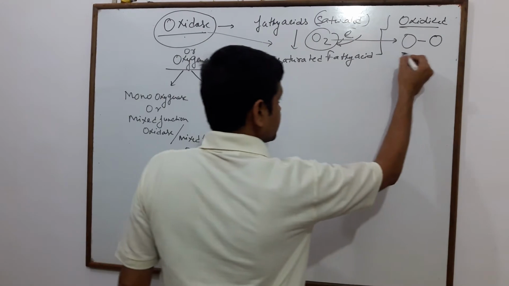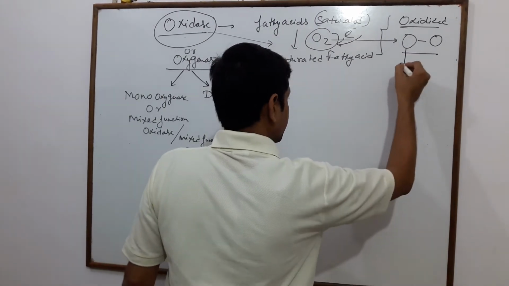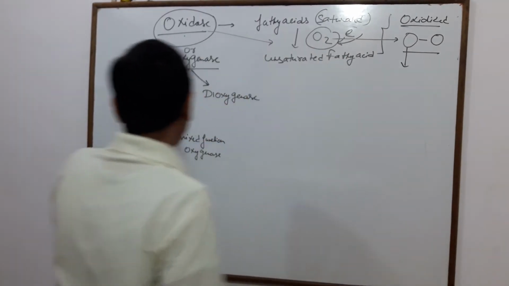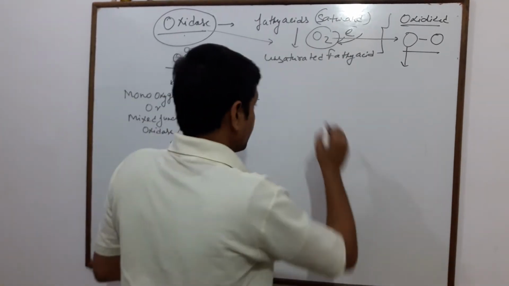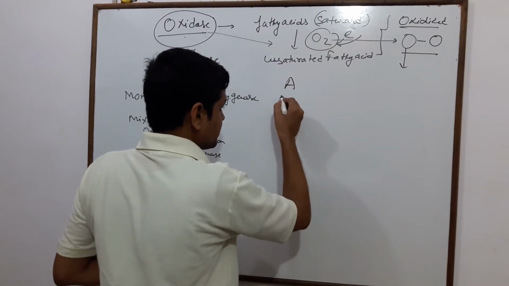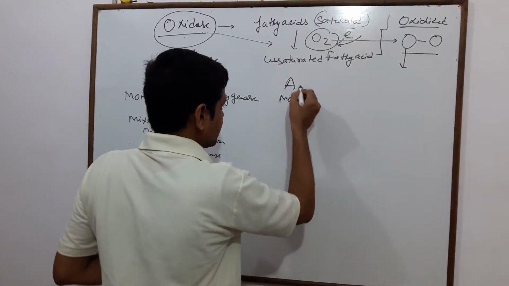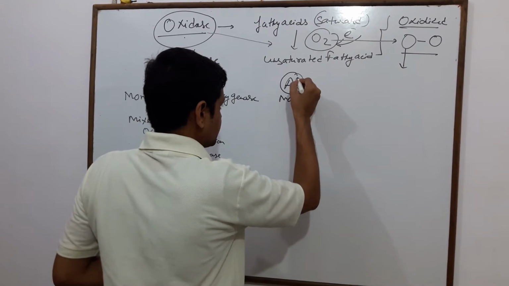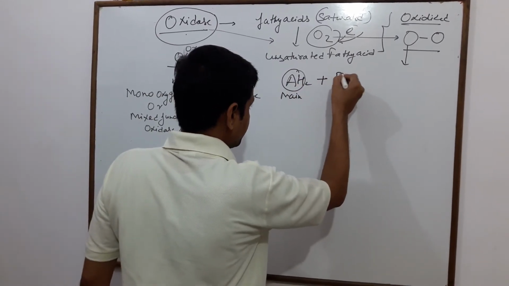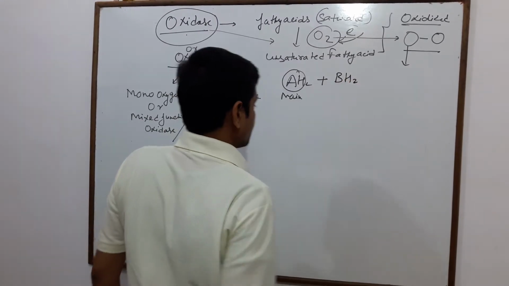Whenever the monooxygenase is operating, one is the main substrate, for example AH2, and another one, BH2, is the co-substrate.